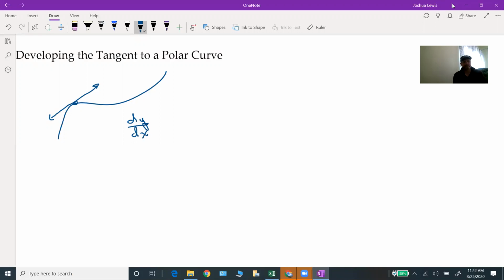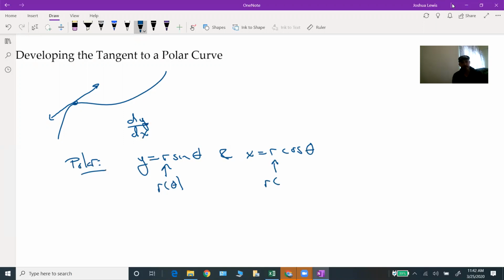But here's the deal. In polar coordinates, we know that y is r sine theta and x is r cosine theta. What you need to keep in mind, though, is that r is actually itself a function of theta.